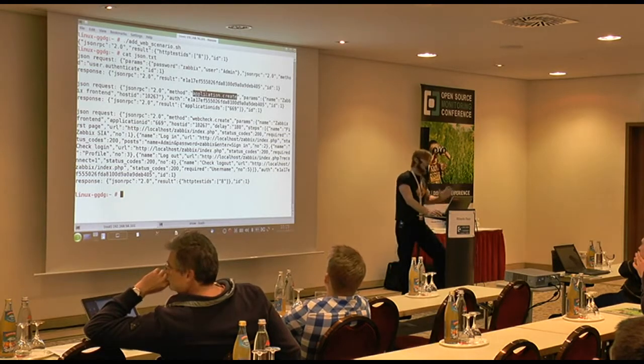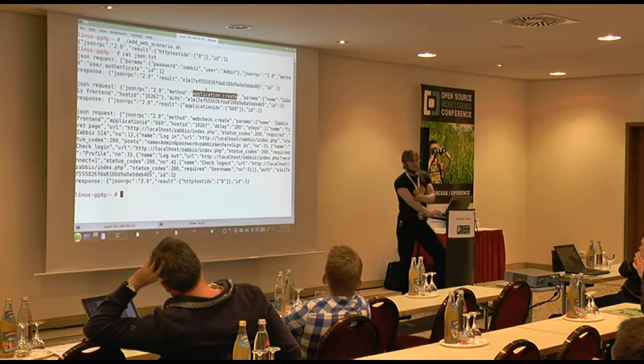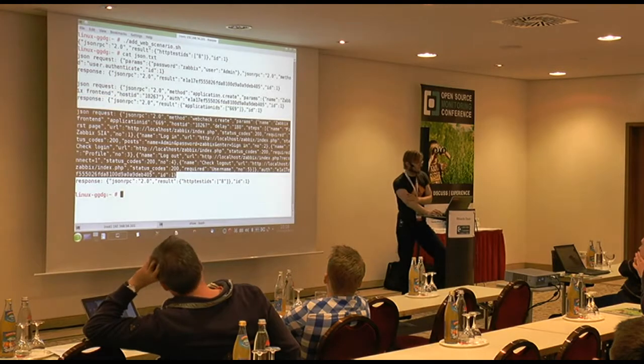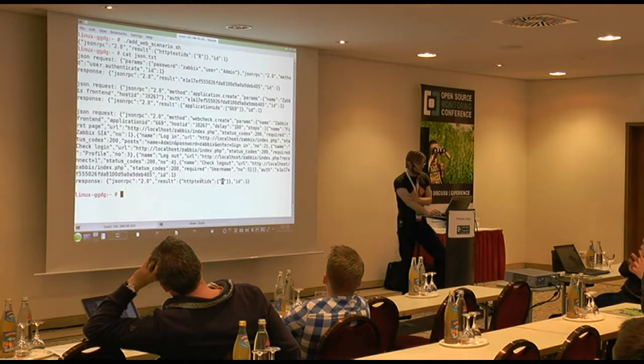This is semi-optional, but I decided that I will need a separate application called Zabbix Frontend for this. And then based on the application ID, which I received back, this is the big blob which is creating the scenario itself. It's pretty unreadable at this point, but if I formatted it properly, it would be pretty readable. And the result was successful. I had a new web scenario added.